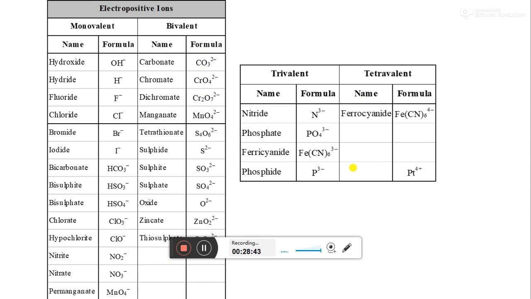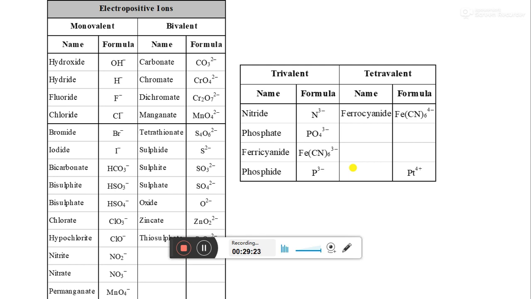Now here are the examples of some anions. Hydroxide is an anion, hydride, fluoride, chloride, bromide, iodide, bicarbonate, bisulfate, chlorate, hypochlorite, nitrite, nitrate, permanganate, carbonate, chromate, dichromate, manganate, tetrathionate, sulfide, sulfite, sulfate, oxide, zincate, nitride, phosphate, ferrocyanide, phosphide, and some more.